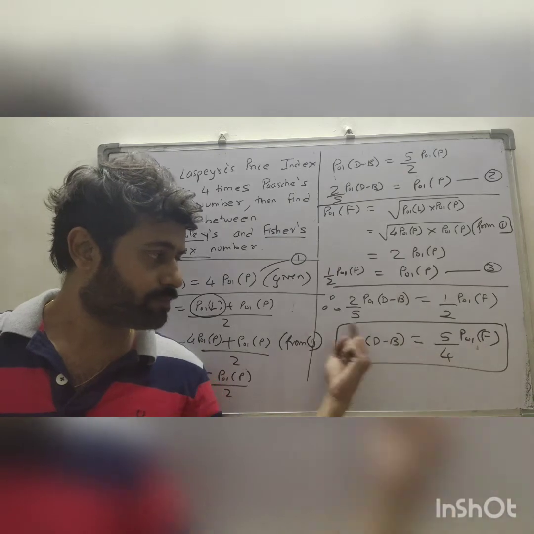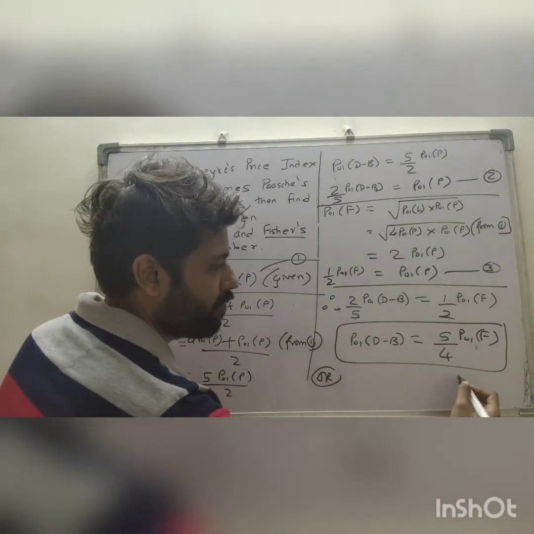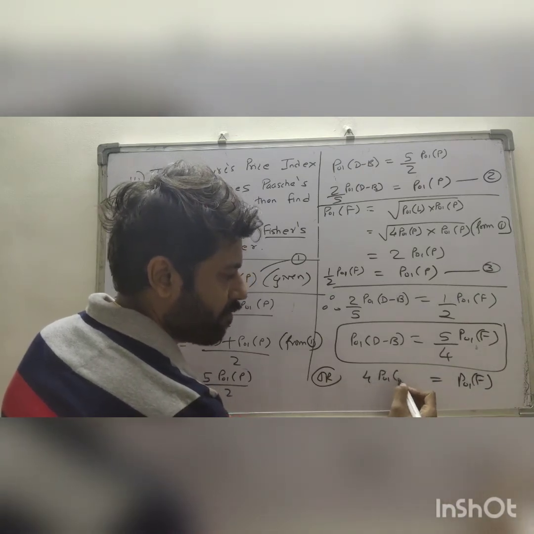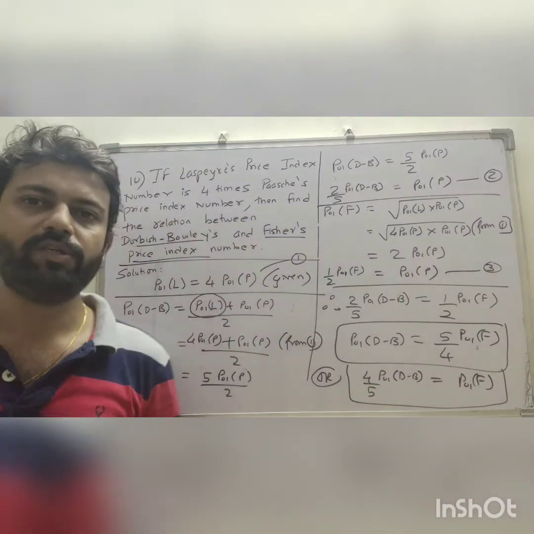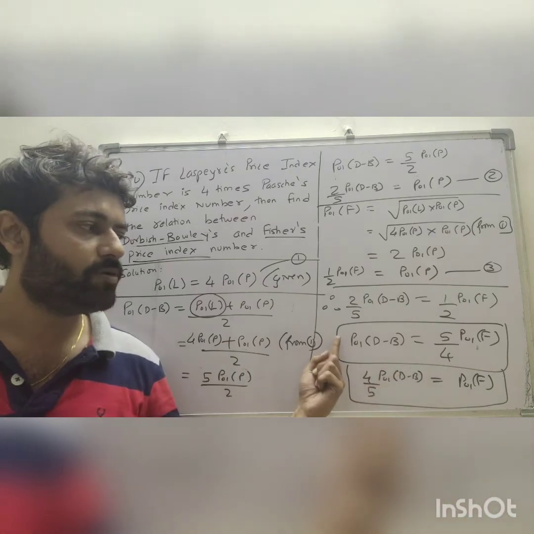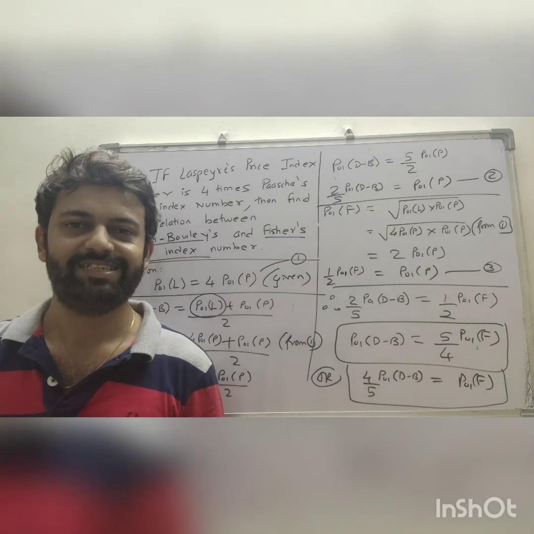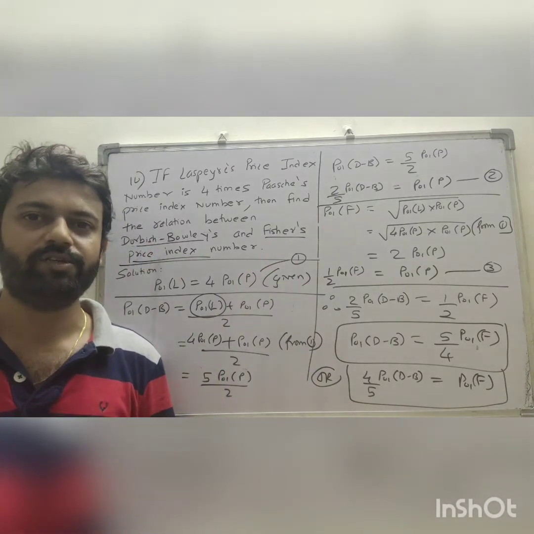Fisher's is equal to 4 upon 5 times Drobisch-Bowley. Or if you want 4 यहाँ पे लिख सकते हो, and you can write 4 times Drobisch-Bowley is equal to 5 times Fisher's. So this is how you develop the relation between the other two.